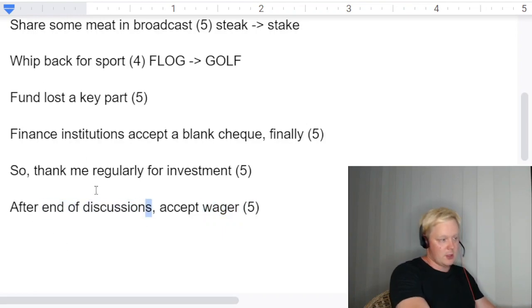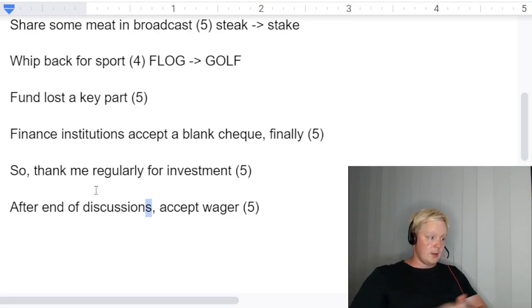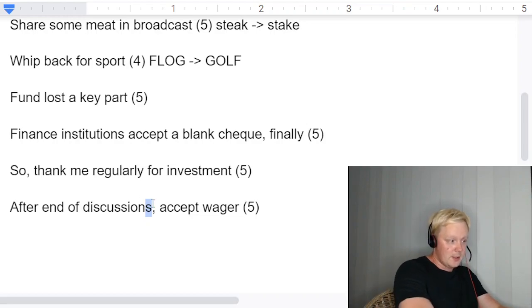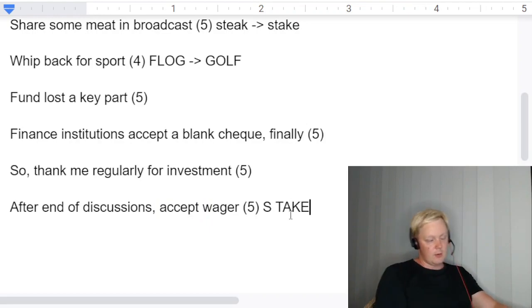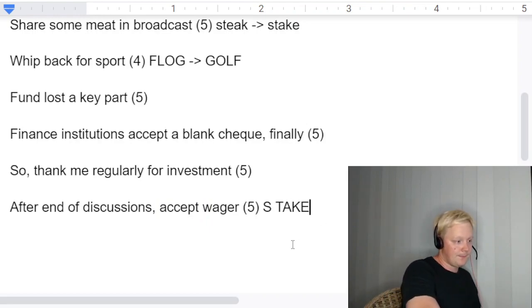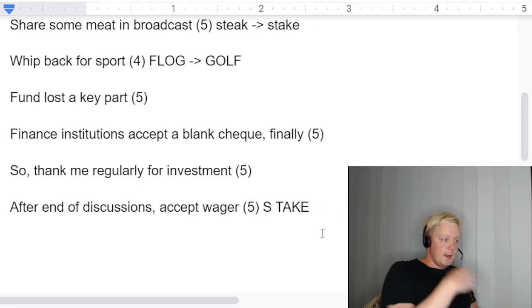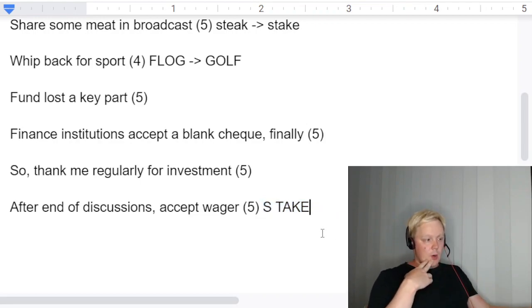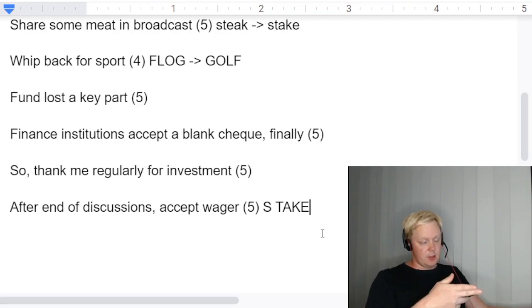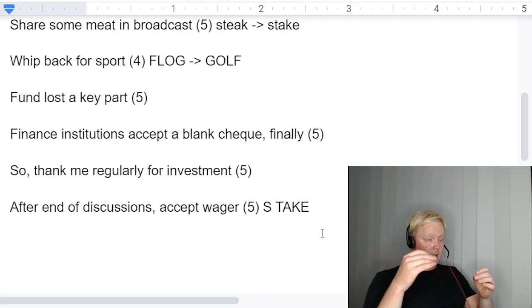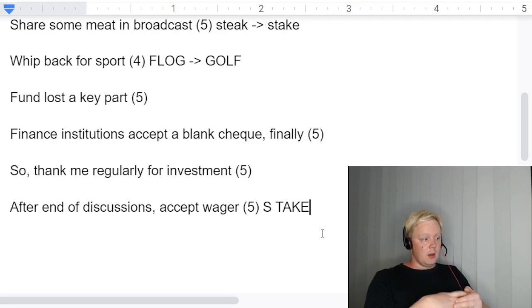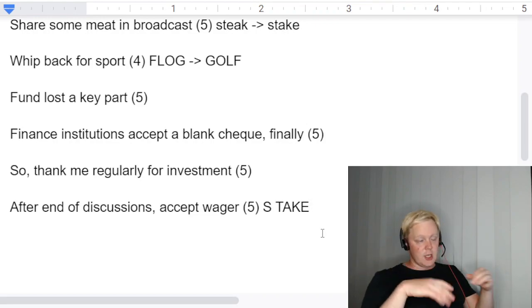So as we just saw, select a letter from that word, and after that you put another word. To accept, well, if you accept something, you take it. So S plus take gives you the answer stake. Now, obviously, after doesn't actually do anything because even without that, the take would be after the S, but it can be before, it can be between, and you can change the order.